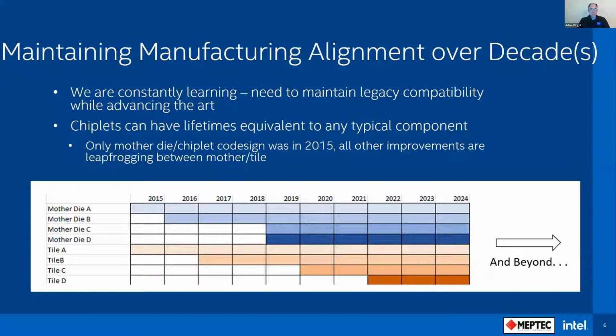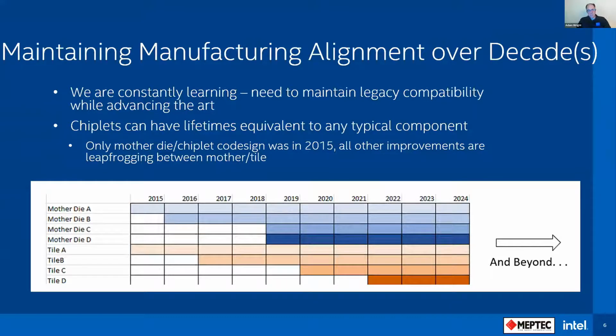The one thing I point out is, as much as we want to think we have co-design, the last time we co-designed a die and a chiplet, a parent and a child, was 6 years ago. Since then we've been making incremental improvements, not necessarily incremental, but aggregate improvements to our initial test design.